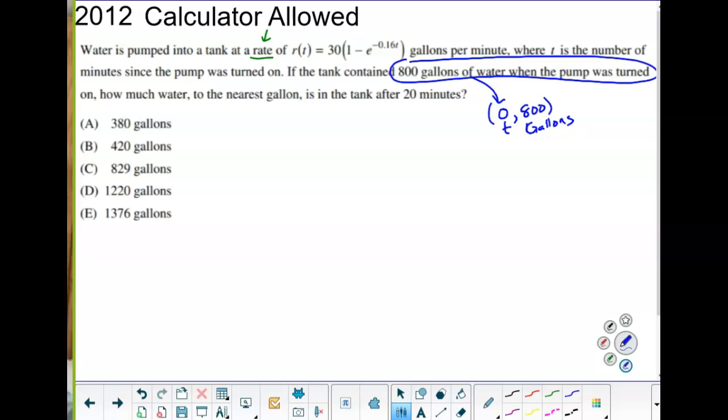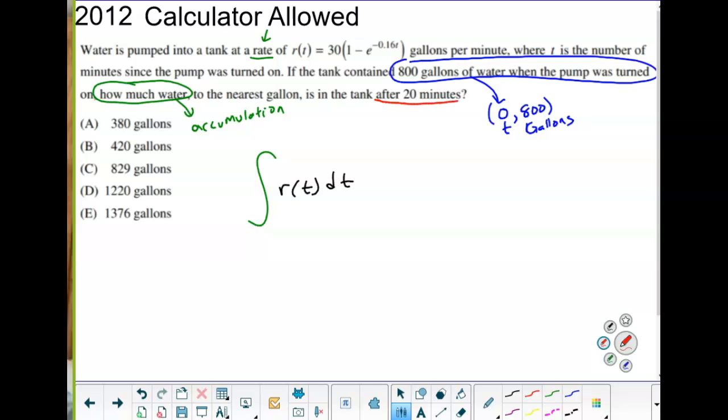Okay. And then it says how much. How much is accumulation? What is accumulation to us? It's the integral. It's the integral of the rate that was given, r of t dt, over the first 20 minutes.